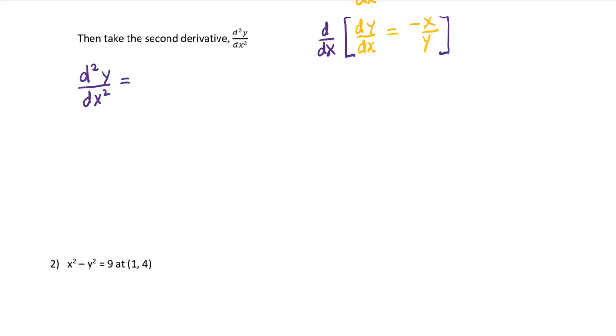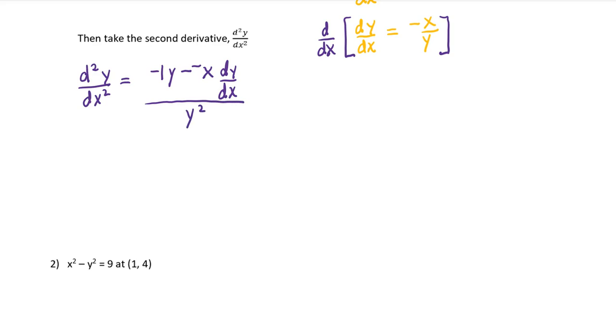Now on the right side, when I go to take the derivative, I need to do quotient rule. So the derivative of the top, that's negative 1 times the bottom y, minus the top, so that's minus negative x, times the derivative of y, that's dy/dx, all over the denominator squared, which is y squared.